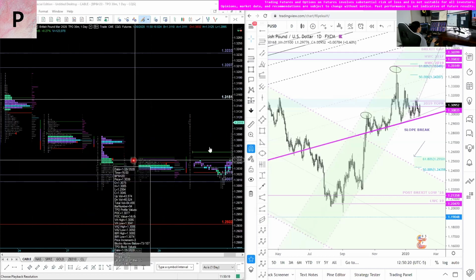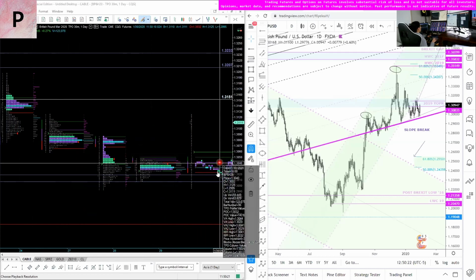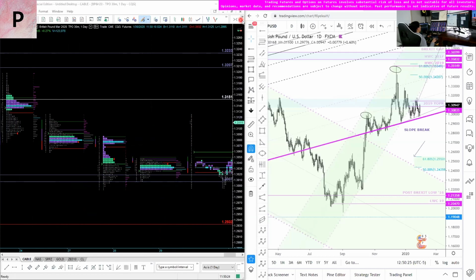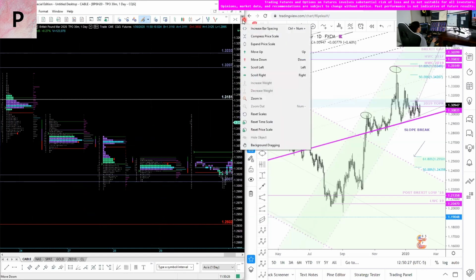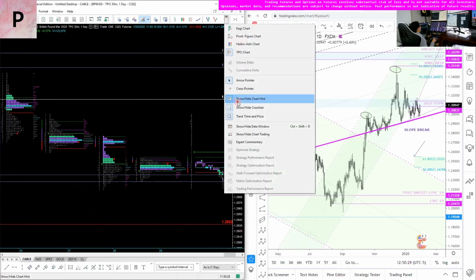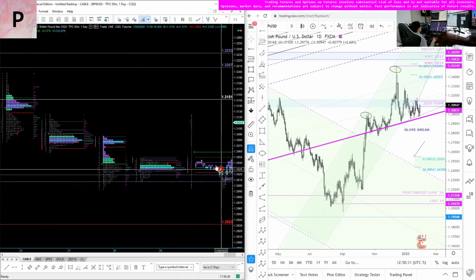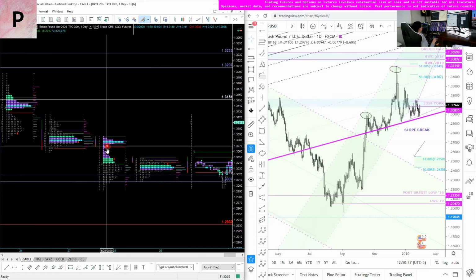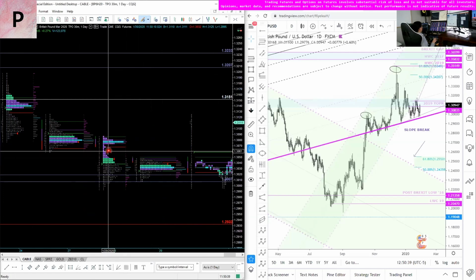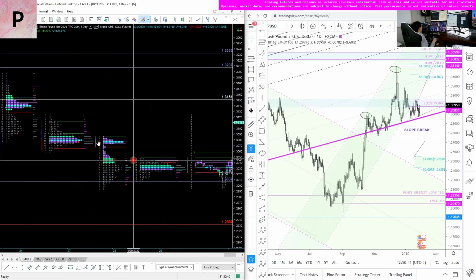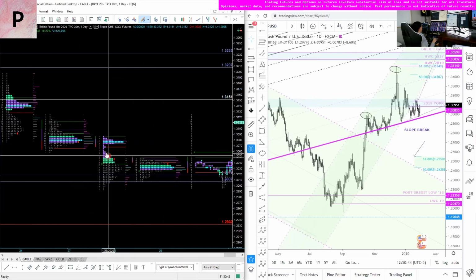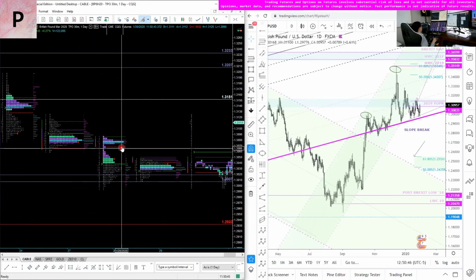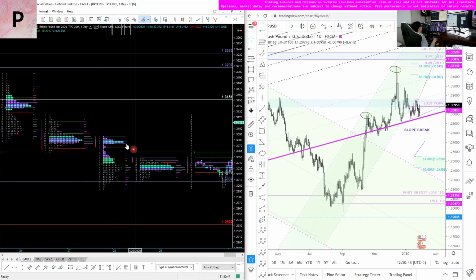So let's ignore the move that we got today and focus on the fact that prior to the interest rate decision, we had just this block of liquidity developing, okay? So basically what I'm telling you is all I had to look for was where that liquidity was missing based on the previous trade. So this is number one, zone number one.